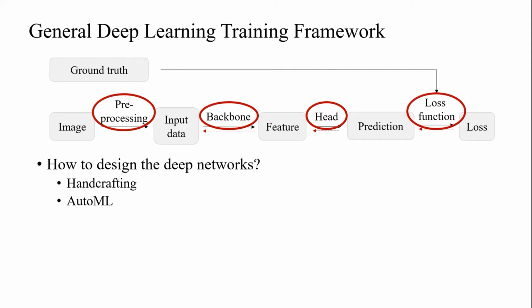For training a deep network, there are several components that need to be designed. For example, the pre-processing, backbone and head networks, the loss function, and the training recipe. Currently, these components are designed either by handcrafting or AutoML.